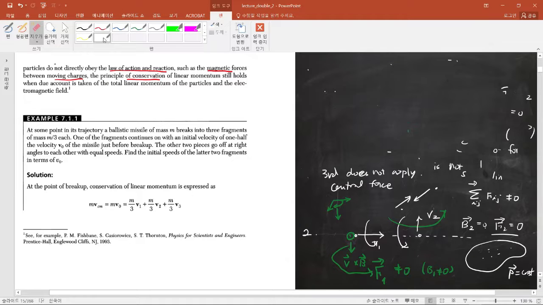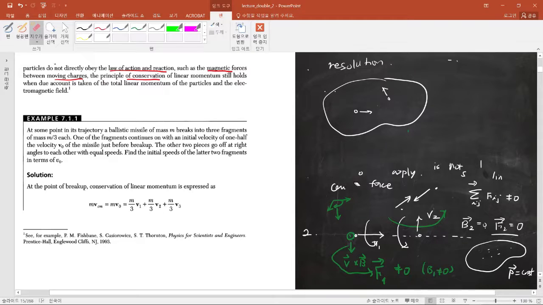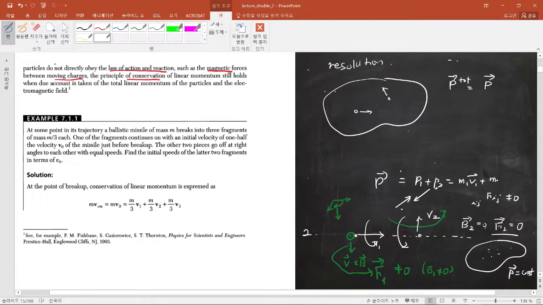The resolution is that when you have an isolated system of charged particles moving in any direction you want, when you calculate the total momentum, you not only include the particle momentum P. For example, for two particles, P1 plus P2 is equal to M1 V1 plus M2 V2.